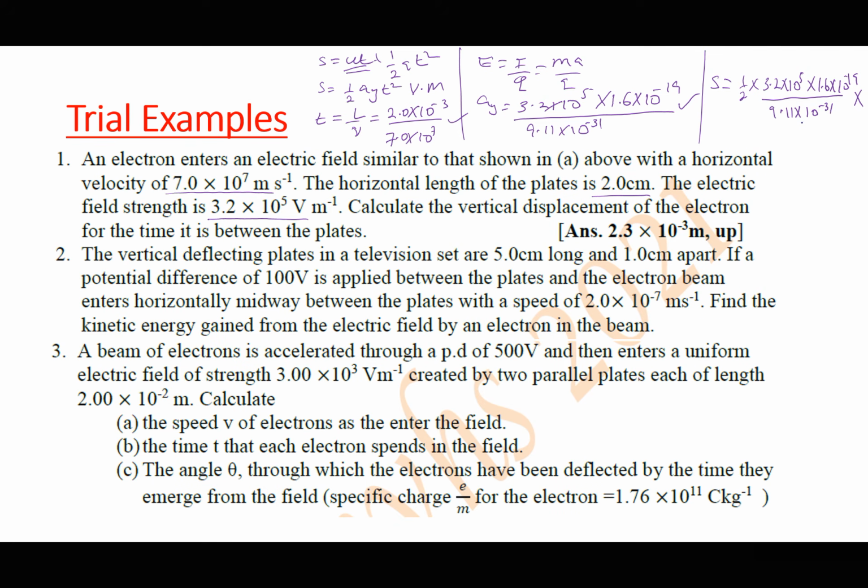Then multiply this by T, which is 2.0 times 10 power negative 3, divided by 7.0 times 10 power 7, but remember this one was squared. And then I just press my calculator to find the final answer.